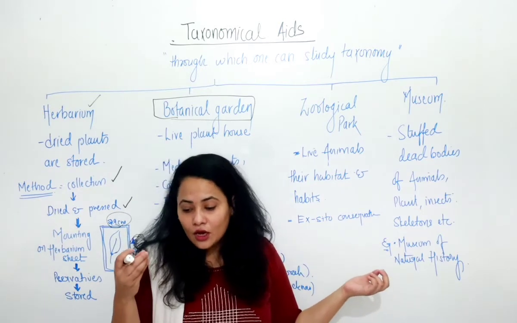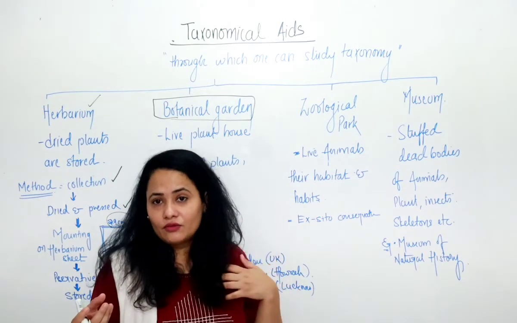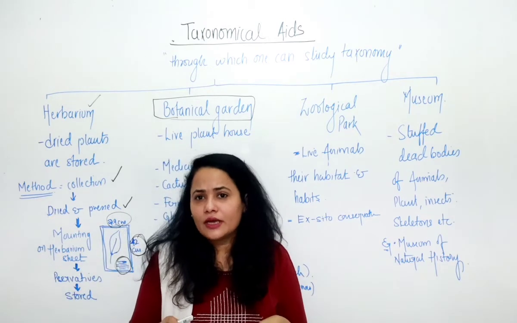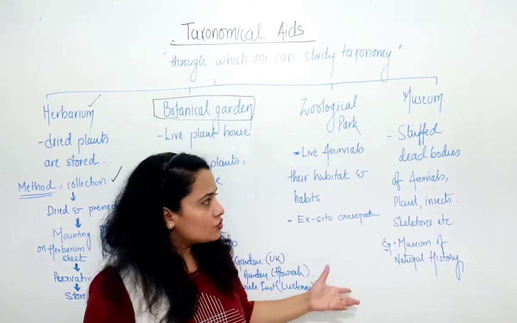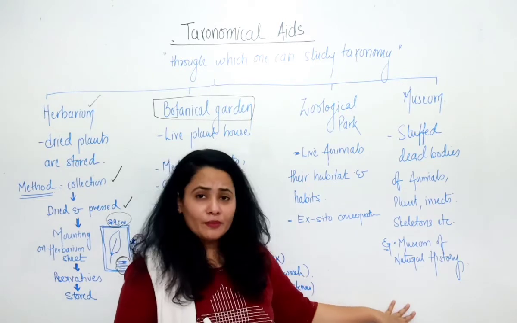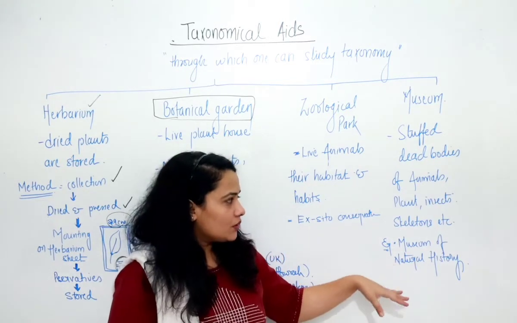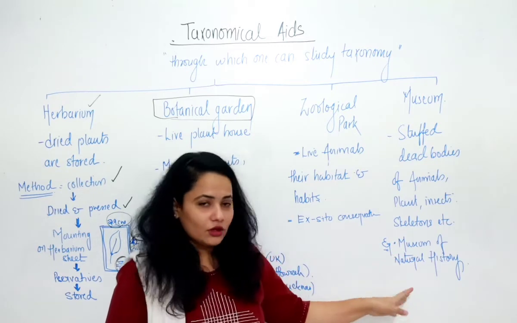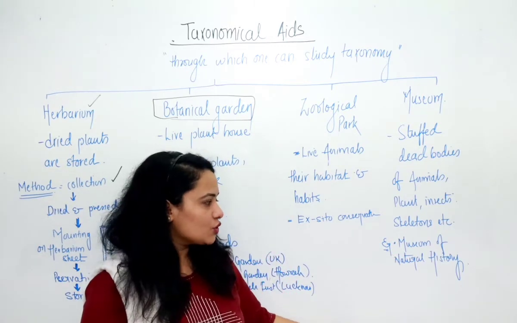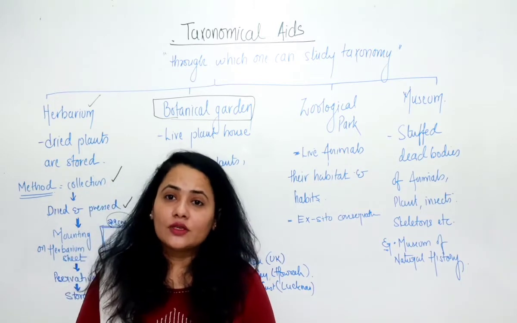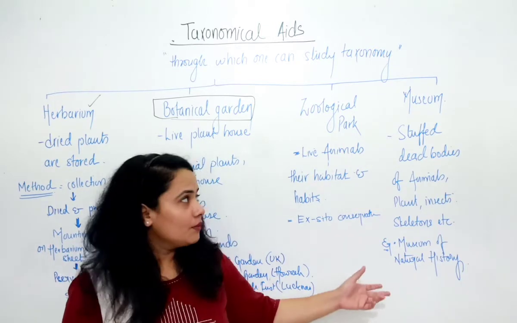You can even study insects, which are preserved in an insect box. So this is also one of the places where you can study taxonomy easily and nicely. An example of a museum is the Museum of Natural History, located in Paris, and it is one of the most famous museums.